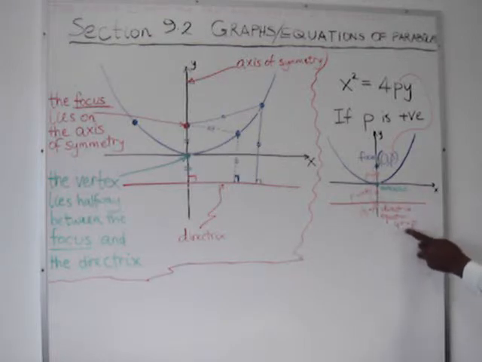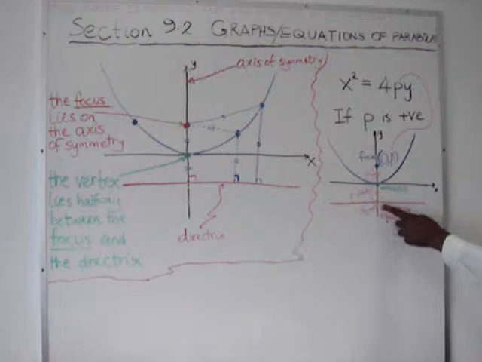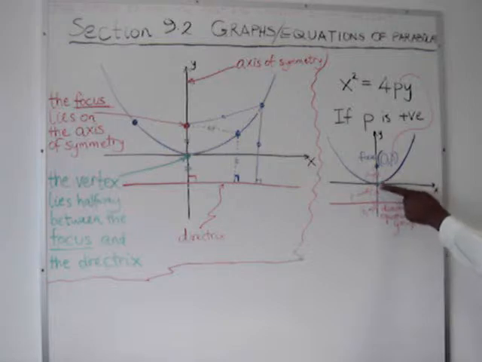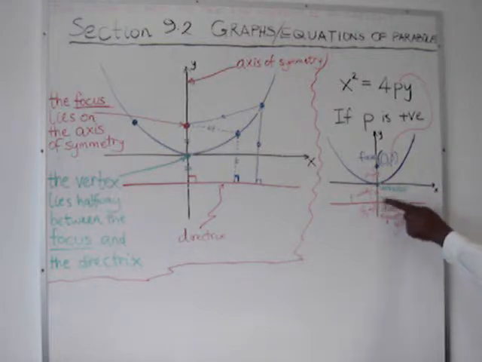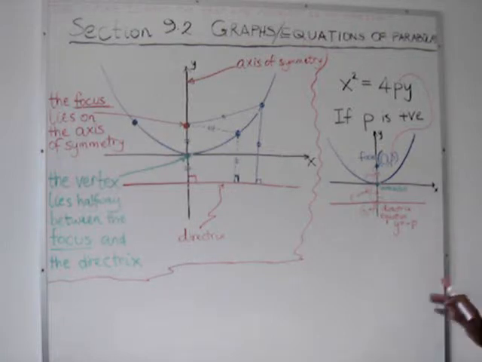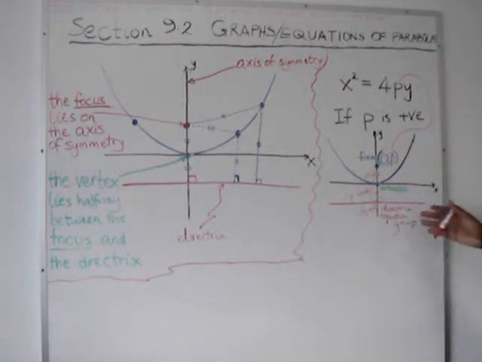The equation of a line whose slope is 0 and whose y-intercept is minus p, because the distance from the vertex must be p units. So this is (0, minus p). Therefore the equation of that directrix is y equals minus p. That's how it works, really. That's how p figures into this whole thing.